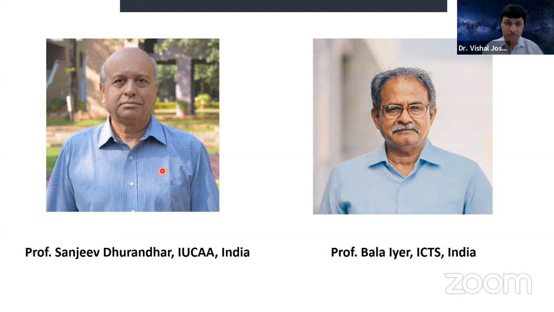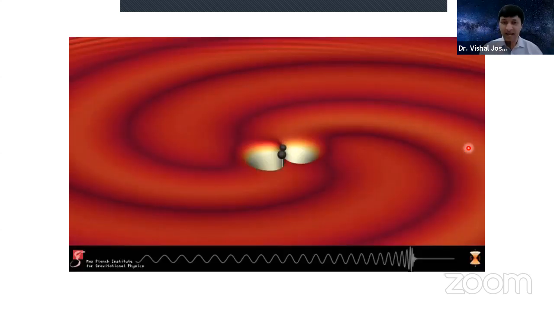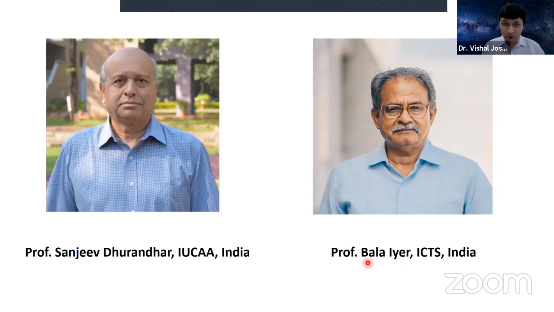So Professor Sanjeev Dhurandhar, one of the postdocs, developed a few algorithms to reduce the noise in this noisy data and get the actual signal we are expecting, a signal like this. Both the scientists and their work have been cited in the first discovery paper of the gravitational wave.